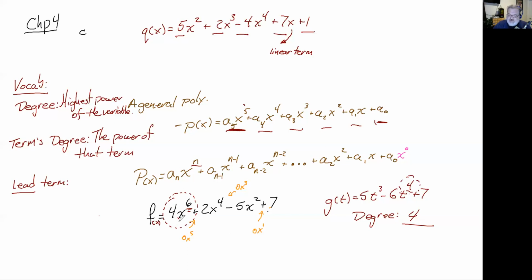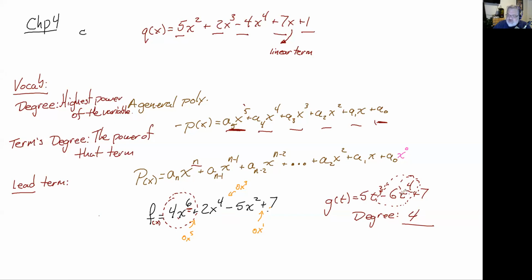So for this f of x, the lead term is the 4x to the 6th. It's the one out in front because we put them in descending order. But over here in g of t, the lead term is that negative 6 t to the 4th. Do include that negative.